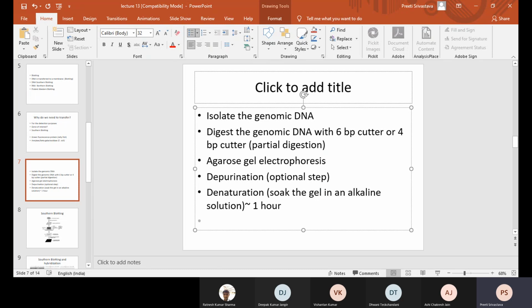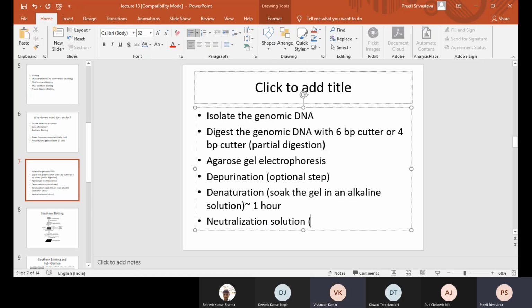As a result of this, the DNA gets denatured. Now you put it in a neutralization solution. All these solutions contain a buffer which is usually called SSC. SSC is sodium chloride and sodium citrate. Sometimes sodium chloride, sodium phosphate and EDTA are also used.